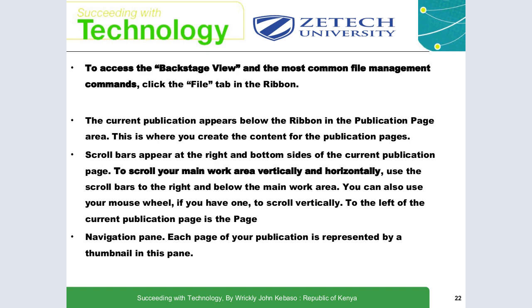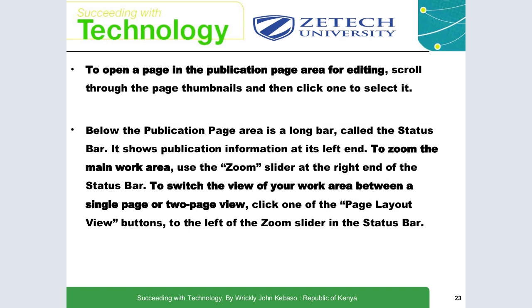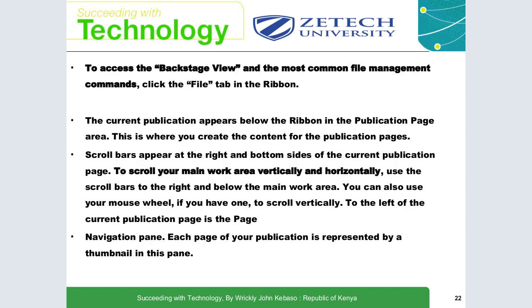Okay, we will do that. Don't worry. It's a simple basic procedure. Okay, Ibrahim, the question was about how you add a page. First and foremost, you must open MS Publisher. After opening MS Publisher, it comes with one page.